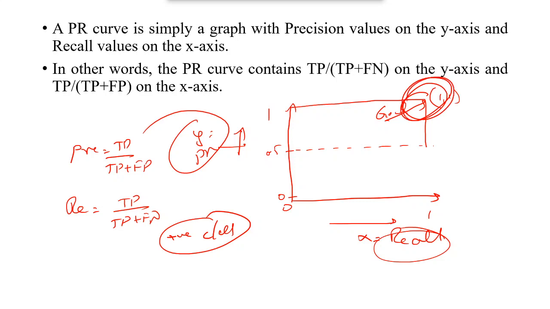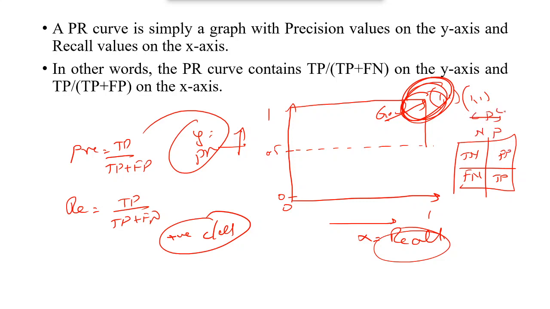Our goal is to be at the top right hand corner, 1 comma 1, which means we classified all positives as positives. For example, if you see the confusion matrix, true negative, false negative, true positive, false positive, with negative and positive as the predicted values, and negative and positive as the actual values.